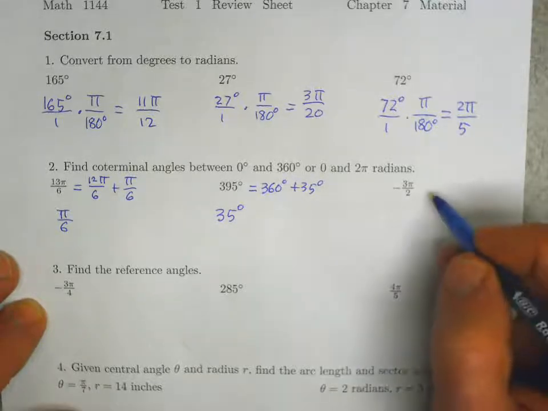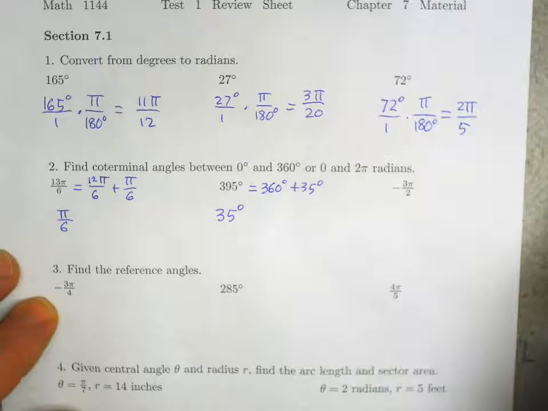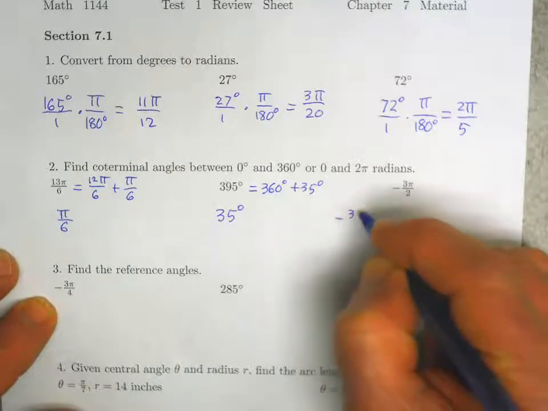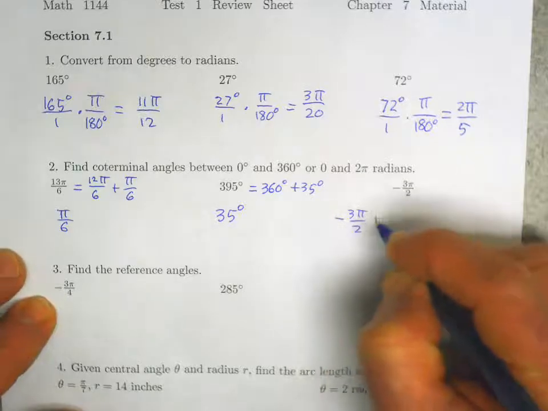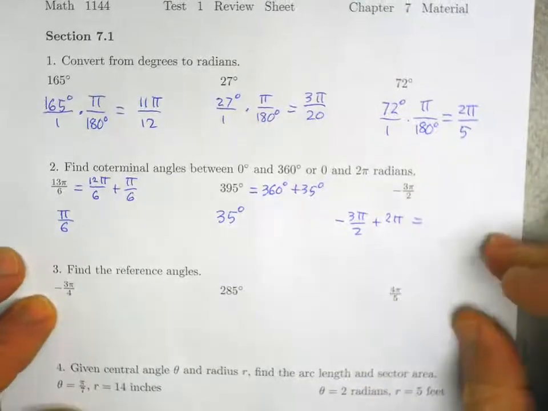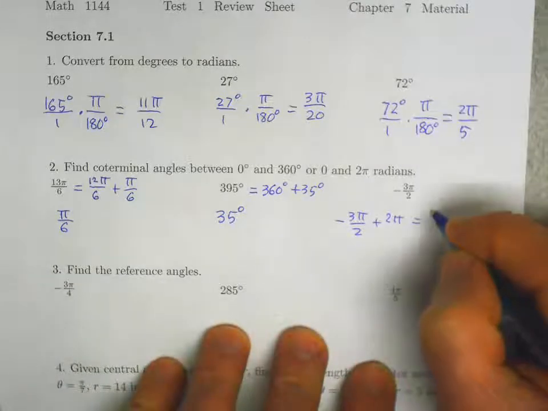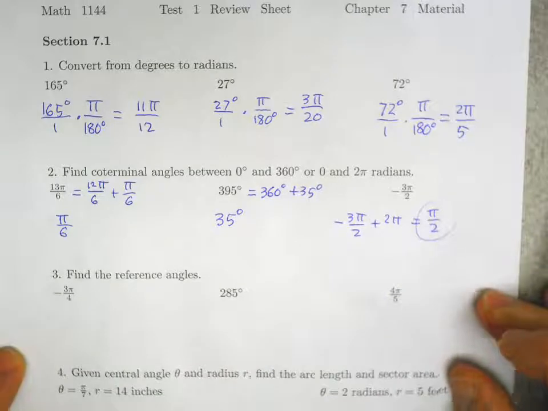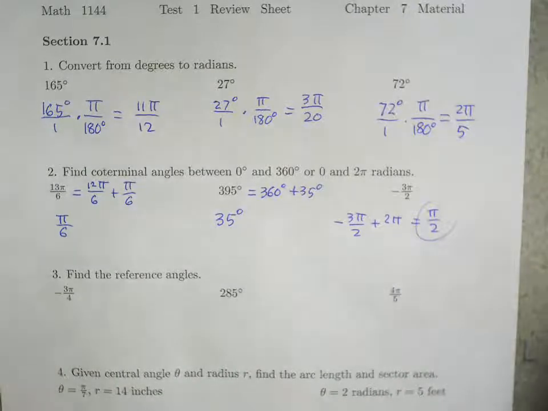So to find a coterminal angle, we could just add 2 pi: negative 3 pi over 2 plus 2 pi, and we get pi over 2. So pi over 2 is coterminal with negative 3 pi over 2.